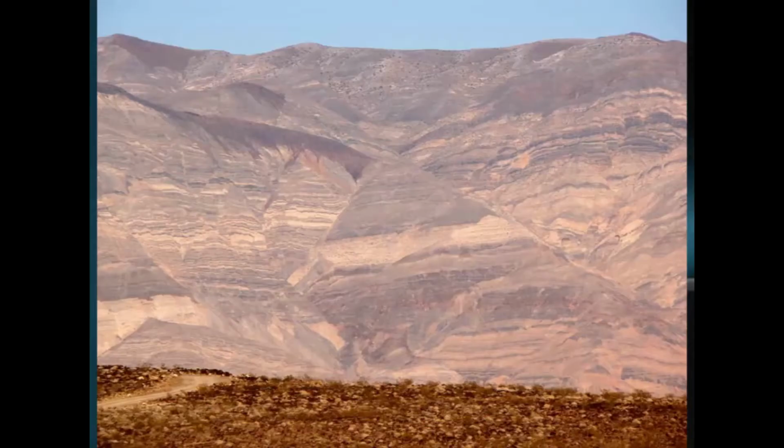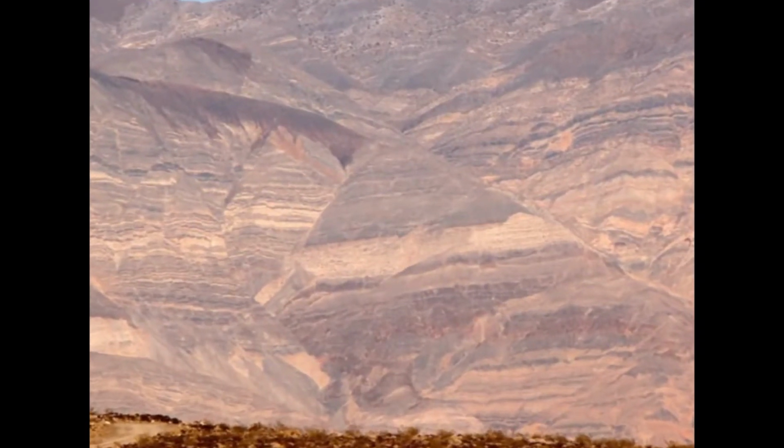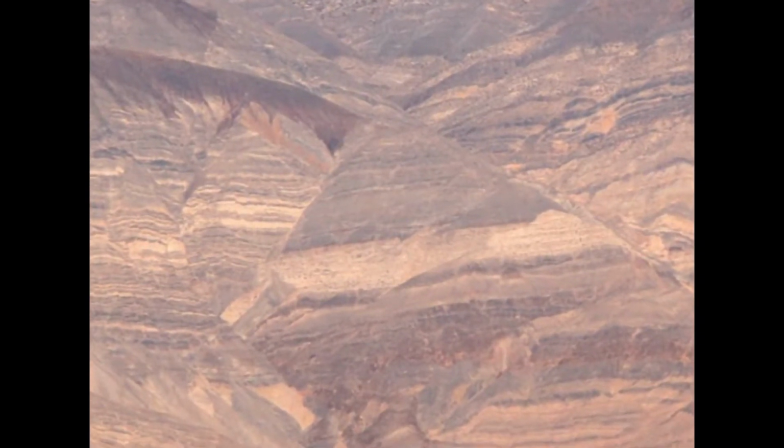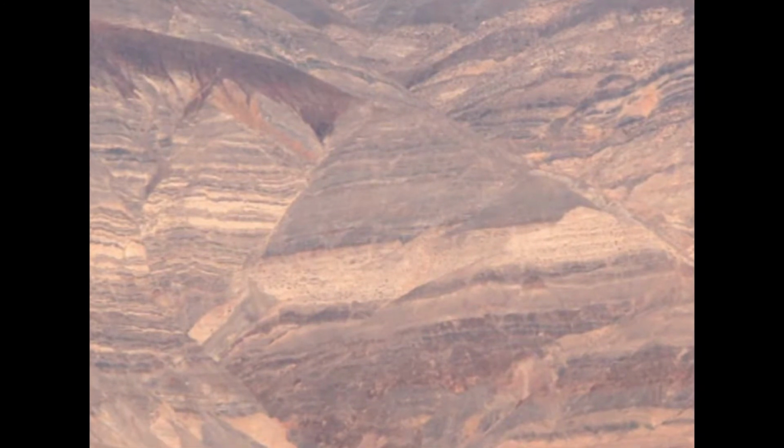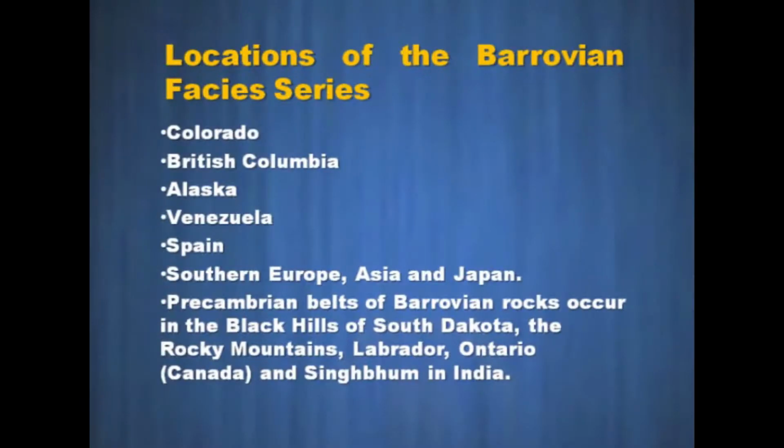Barrovian facies series. The Barrovian facies series occurs in a number of Paleozoic mountain belts as well as in some of Precambrian age. The classic region is the Scottish Highlands. Other belts with Barrovian rocks occur in Colorado, British Columbia, Alaska, Venezuela, Spain, southern Europe, Asia and Japan.